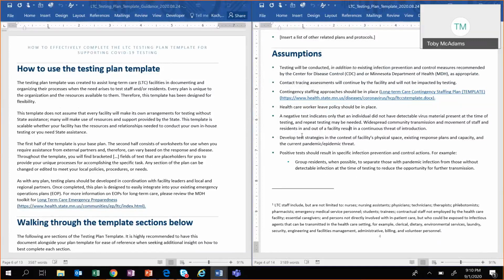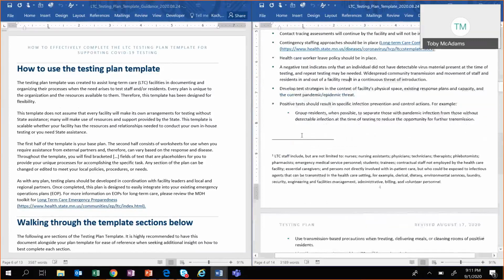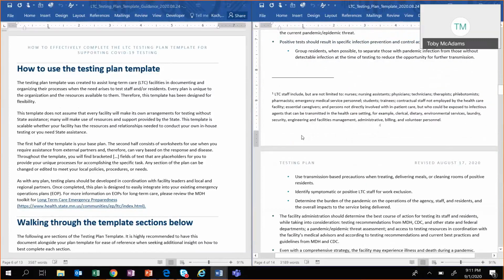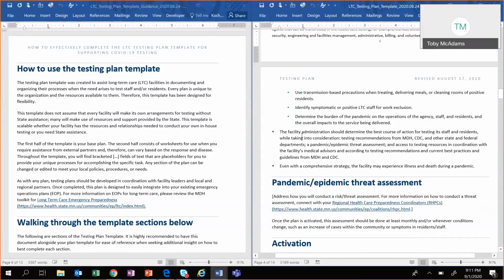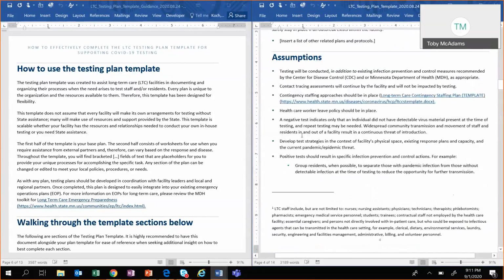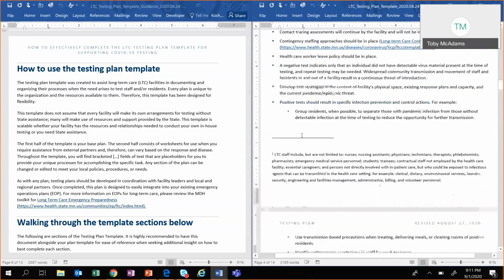It has already been structured and filtered for you, specific to infectious diseases and the expectations that we would have, as preparedness experts, on any facility when it comes to developing a testing plan. That's why we feel that you most likely will not even touch this section, but we want you to be aware of what those expectations, those assumptions, are.